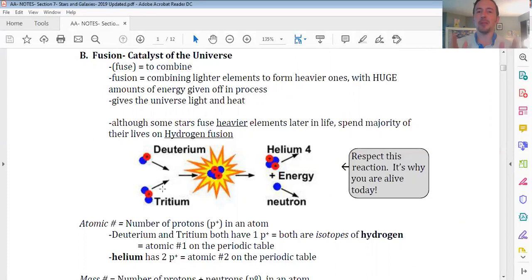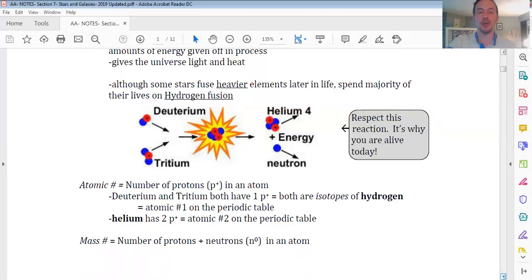This reaction, everybody, is so prolific. I've actually read estimates where our sun loses anywhere from 2,000 the whole way up to 200,000 tons of mass every single second. And yet our sun is so big, it's been doing this for about 5 billion years, and it probably has enough in the tank to do it for another 4 to 5 billion more.